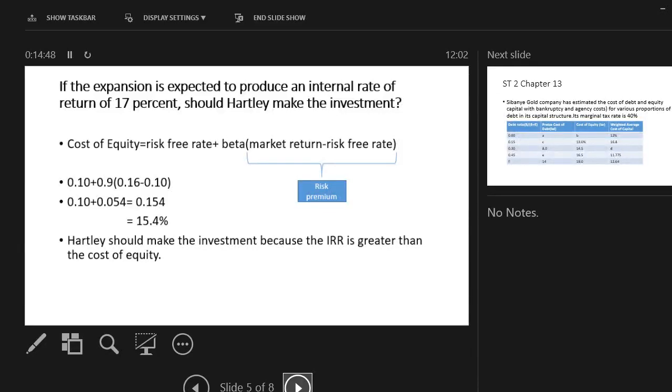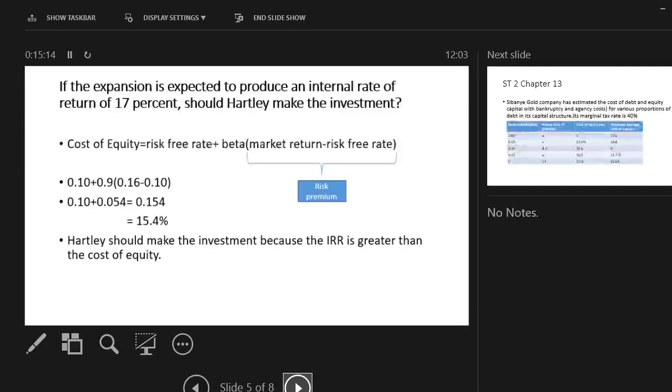This one, we're calculating the cost of equity using the CAPM model. Look at question 18: you are already given your risk-free rate and your risk premium. The beta that you are using here is the specific beta for that division.